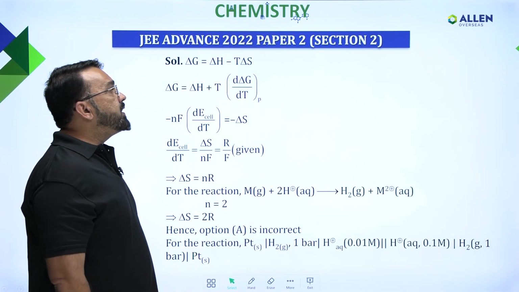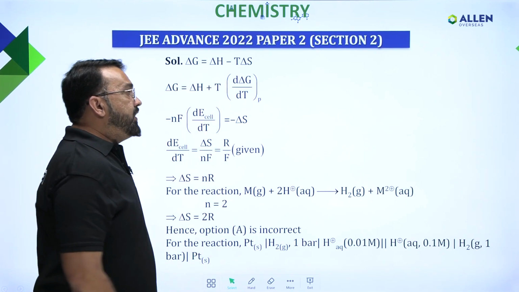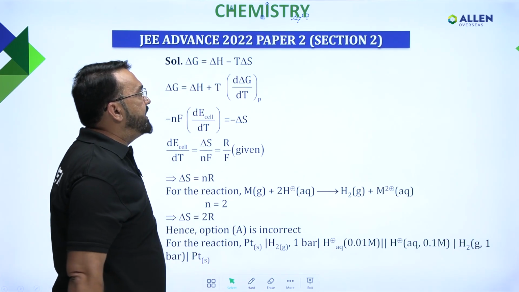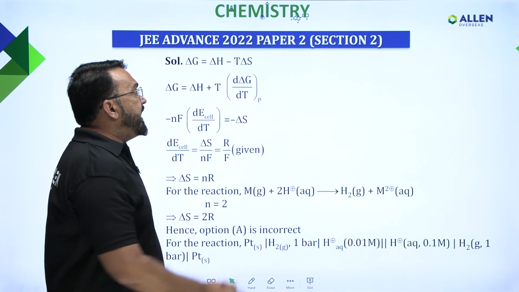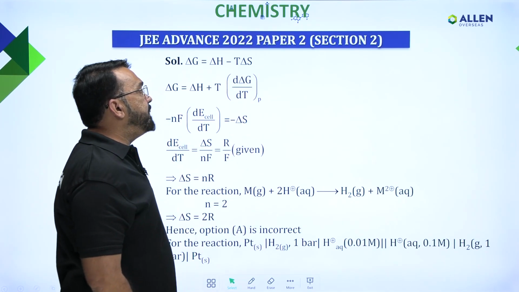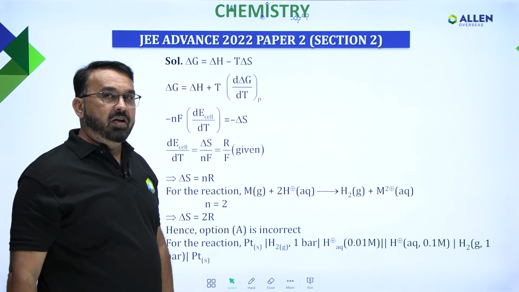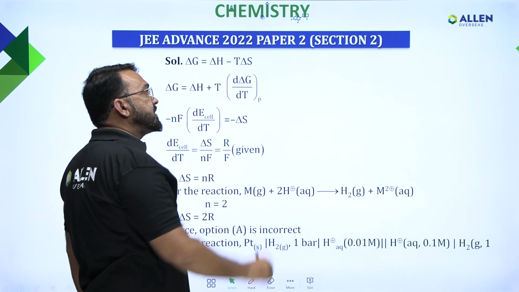Now we know that delta G is equal to delta H minus T delta S. This is the expression for change in Gibbs free energy. Now in place of delta S, I am replacing it with minus d delta G by dT, because delta S is equal to minus d delta G by dT at constant pressure.